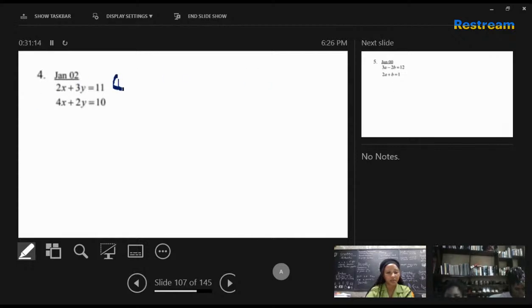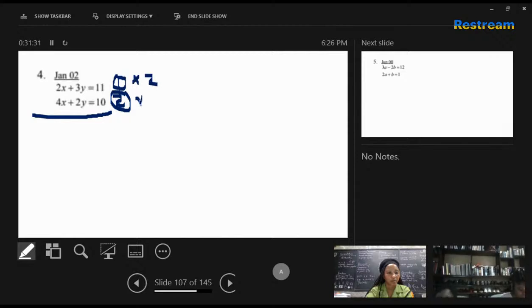Okay, so we're going to find x first this time because y was very complicated. I'm going to multiply the first one by 2 and the second one by 3. So it'd be 4x plus 6y is equal to 22.